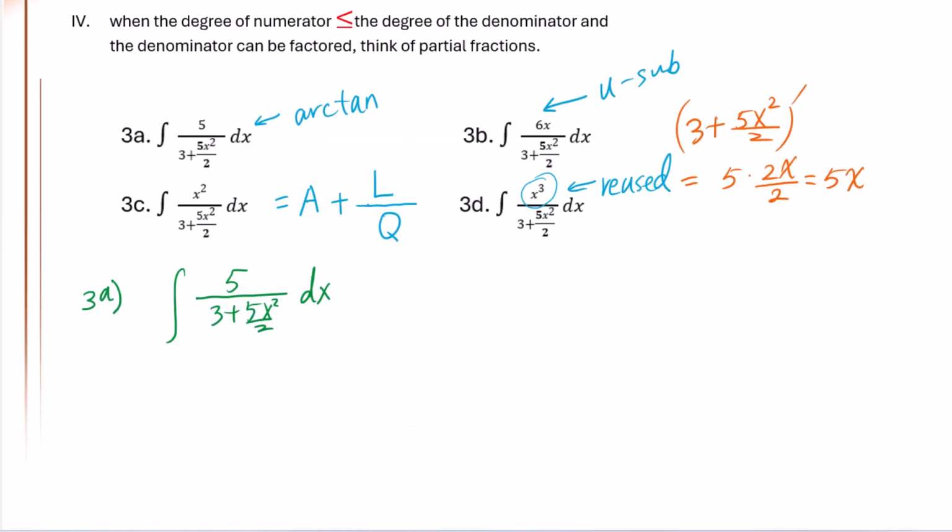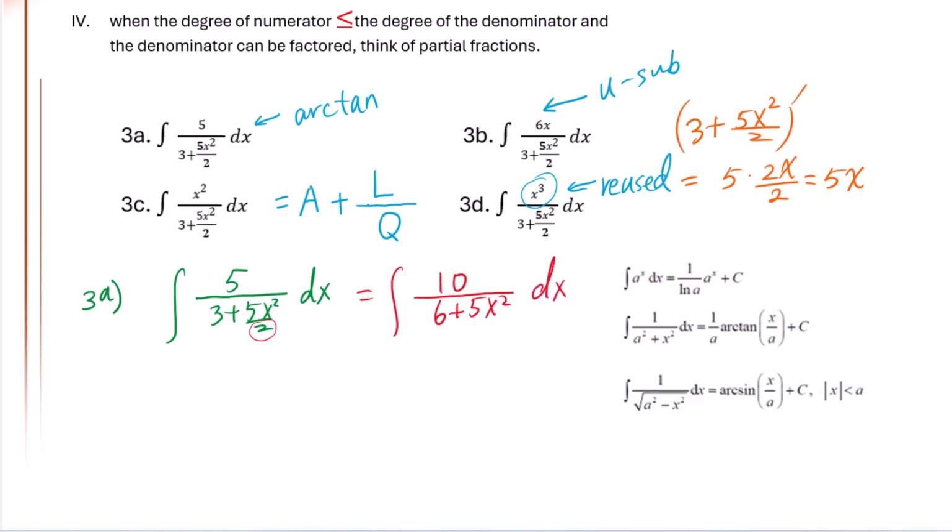First of all, we can get rid of this 2 by times 2 for every single term in this rational expression. 10 over 6 plus 5x squared dx. We got to use this formula, so we need to change this into this form.